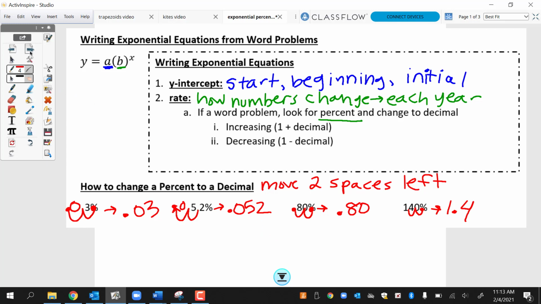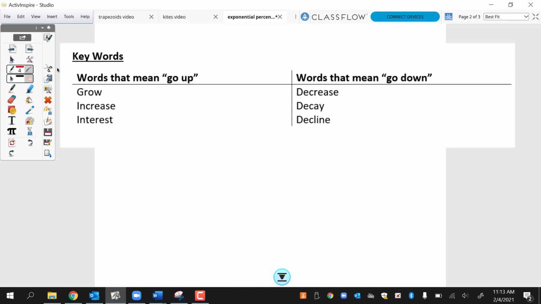Okay, so just so we all remember how to change a percent into a decimal. Now, how am I going to know if I'm supposed to do increase or decrease? If it's going up, it's going to say, oh, it grew by this percent, or it increased by this percent. Or a special one, they could say the interest rate is this percent. So you would change it to a decimal and then do 1 plus the decimal.